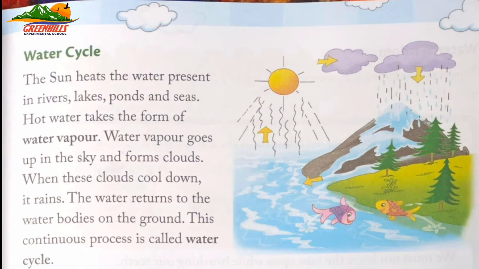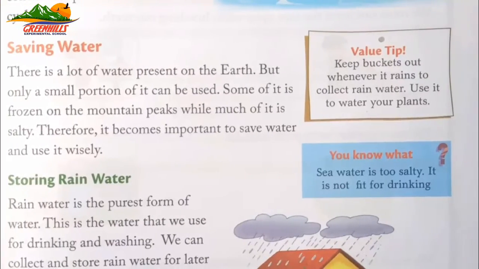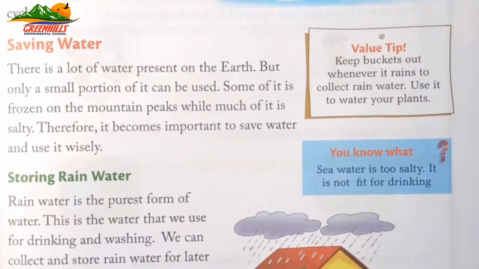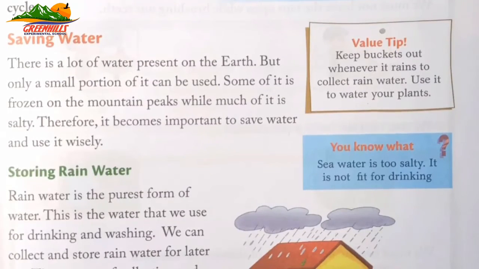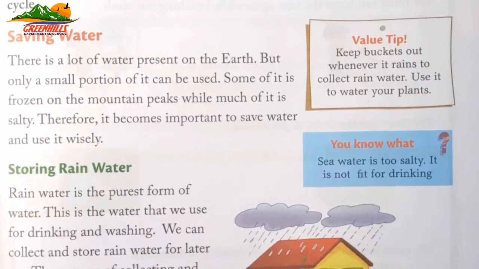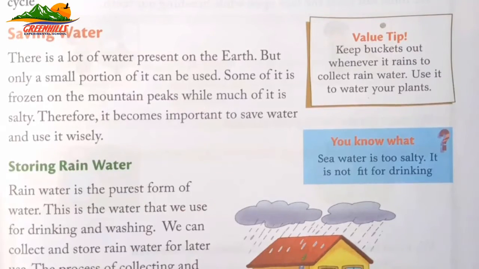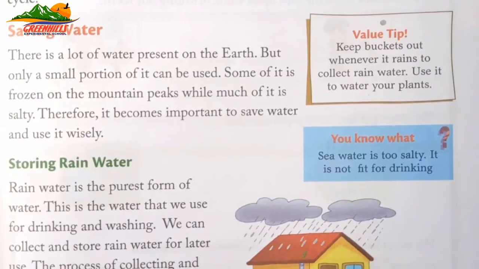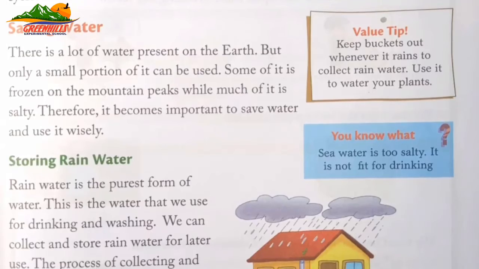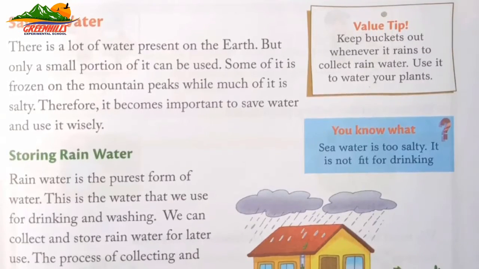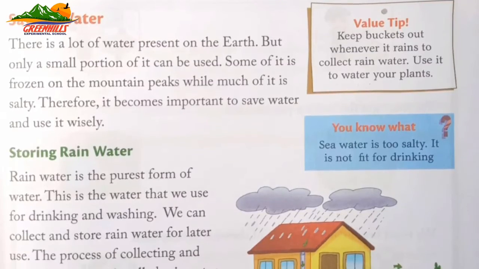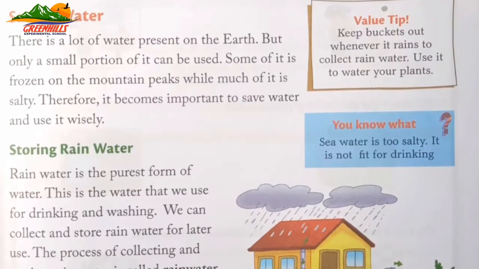Now, dear students, saving water. There is a lot of water present on the earth, but only a small portion of it can be used. Some of it is frozen on the mountain peaks, while much of it is salty. Therefore, it becomes important to save water and use it wisely.